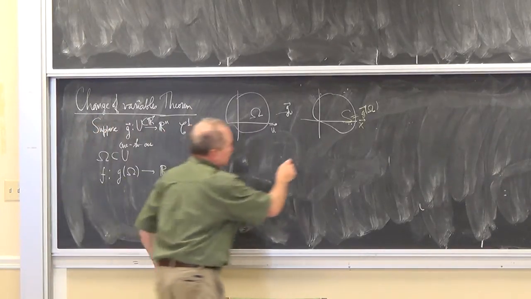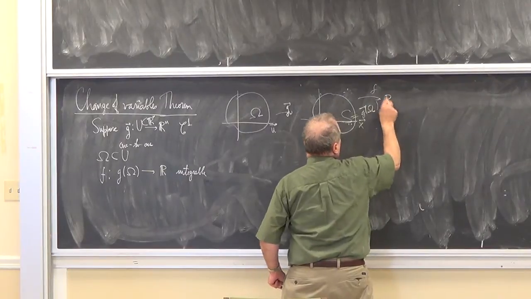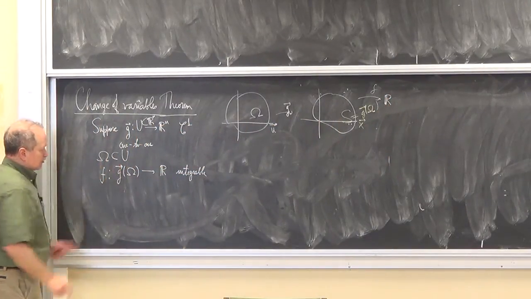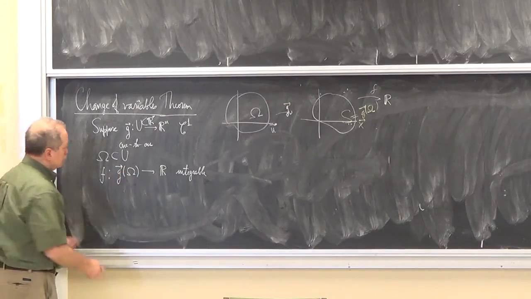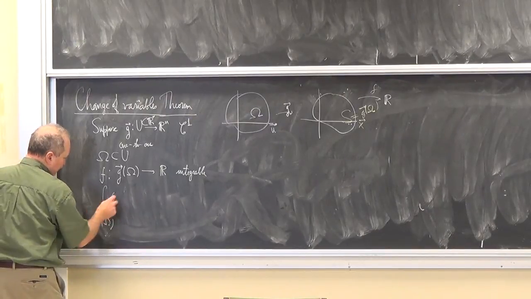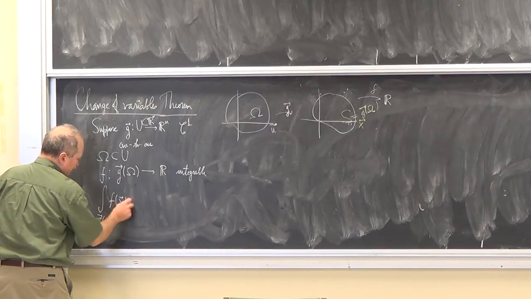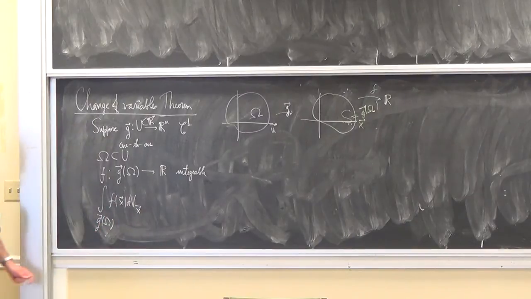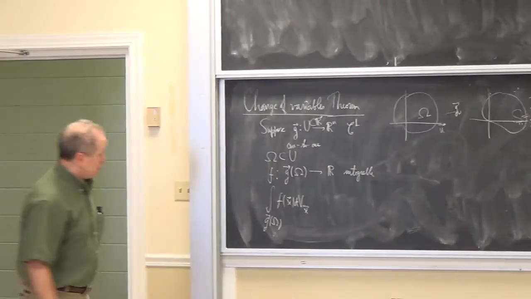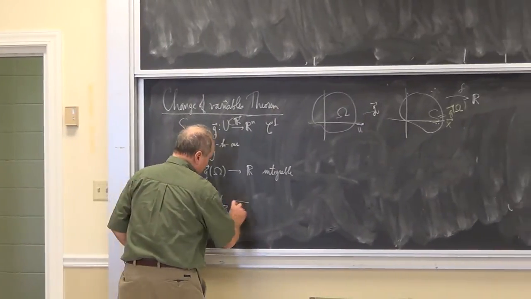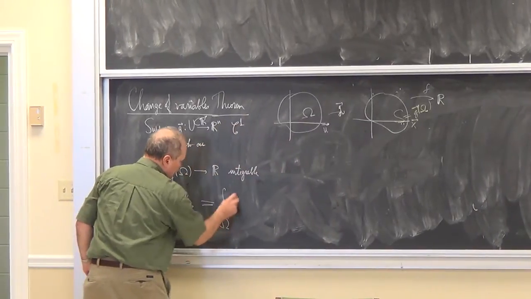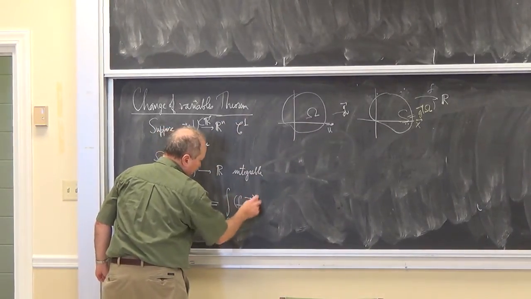So F is a function here, and we're trying to integrate F over this region S. So the integral of F, and I'll emphasize the variables here. This is supposed to remind you of change of variables you did in Calc 2. It is going to be rewritten as an integral back on omega by putting in the composition of functions.